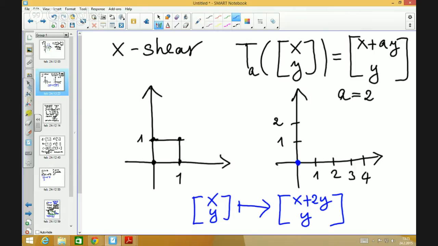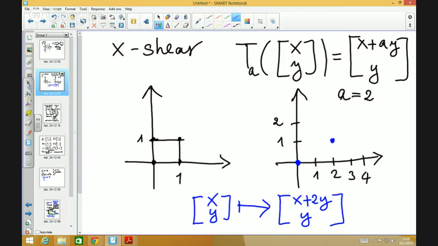What happens to the point (0, 1)? Where does this go? It goes to 2 times 1, so it's (2, 1). So it goes here.